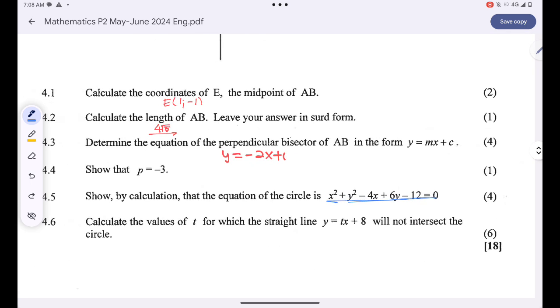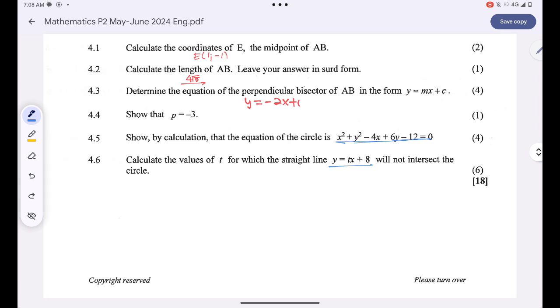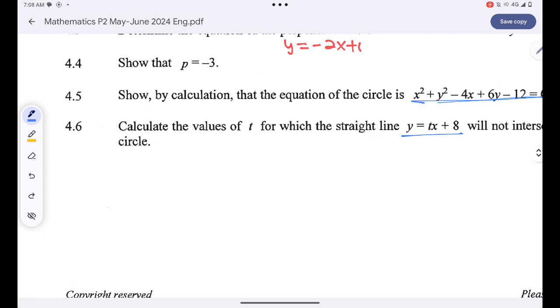On the last question, they want us to calculate the values of t for which the straight line will not intersect the circle. Please note, guys, the relationship between a circle and a line: if the two intersect one another, it simply means delta for the intersection is greater than 0.